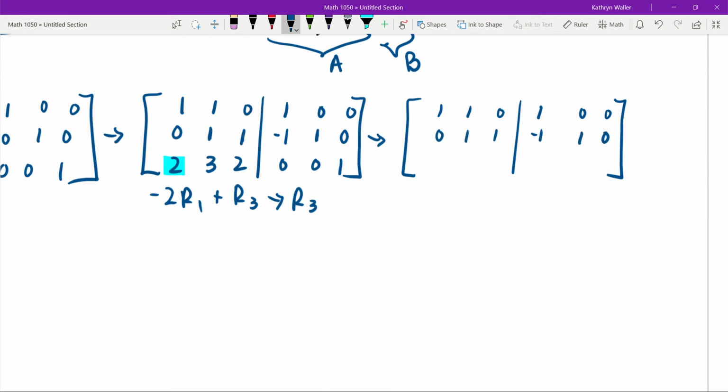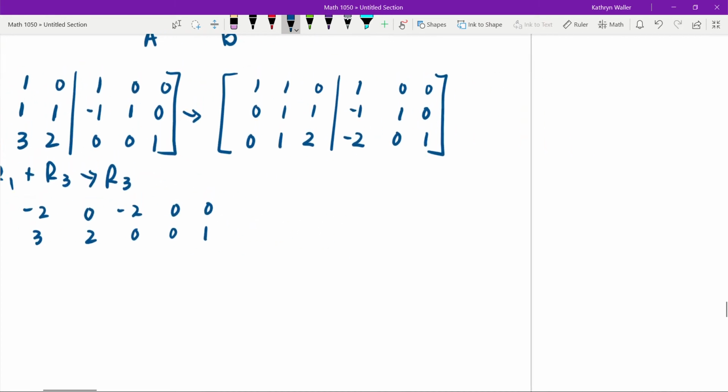Take a negative 2 across row 1 and you have negative 2, 0, negative 2, 0, 0. Write row 3 underneath it. Add those together. Always add, never subtract. Just change the signs and then add. It's so much easier. So this is 0, 1, 2, negative 2, 0, 1.